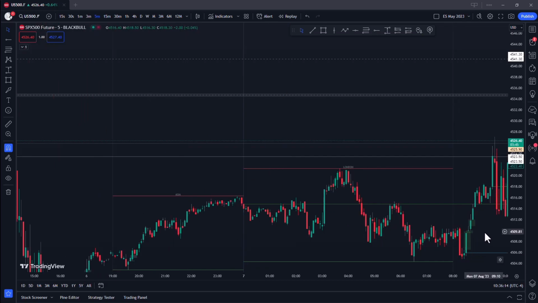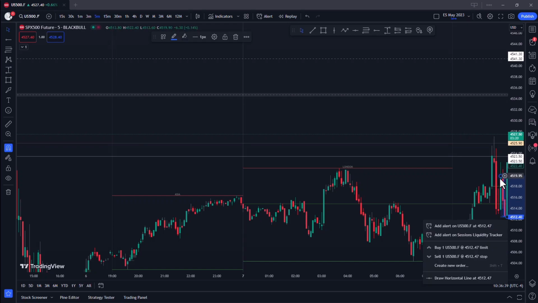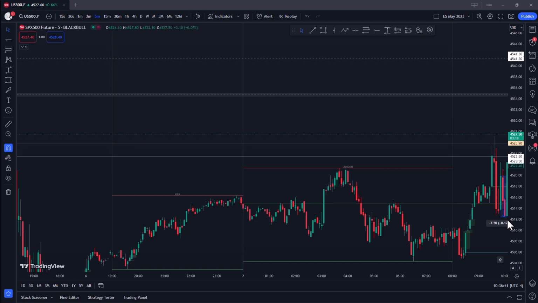So what I hated about today's action, I guess on my part, I'm not sure how it happened, but this entry right here, the perfect one that I mentioned, that even gave more than a 5-handle drop, assuming that I got tagged in here to this low, was a 7-handle move, and that's where I got tagged in. 7.5 handles.